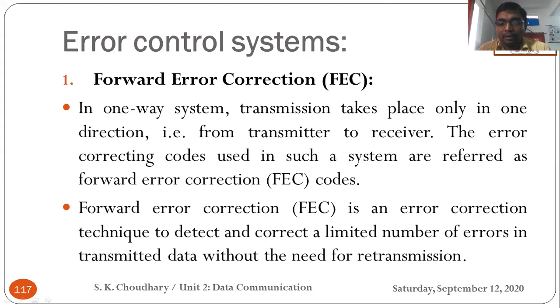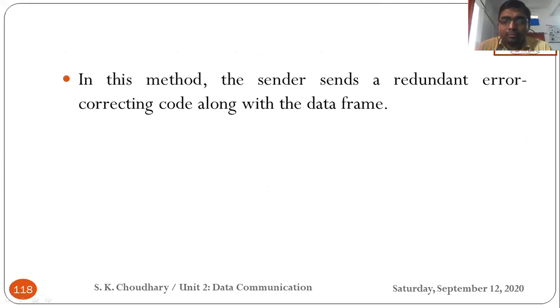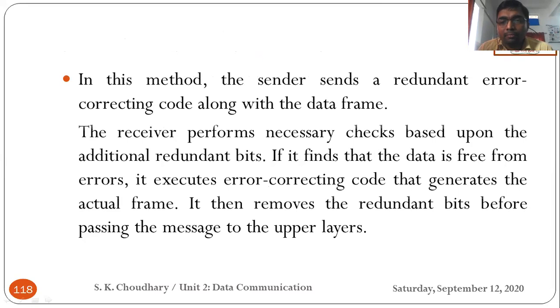It can't retransmit the message. Suppose the whole data is corrupted, it can't retransmit the message again. So this is one of the flaws of this particular technique. In this method, the sender sends redundant error correcting codes along with the data frame, and the receiver performs the necessary checks based upon the additional redundant bits.